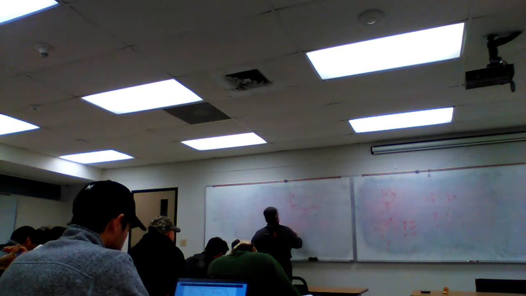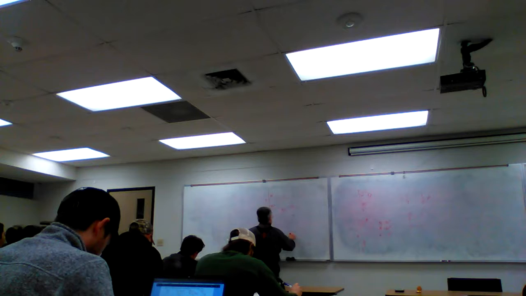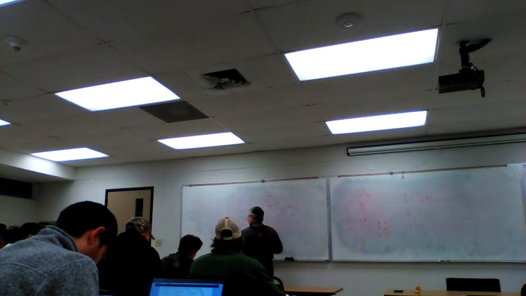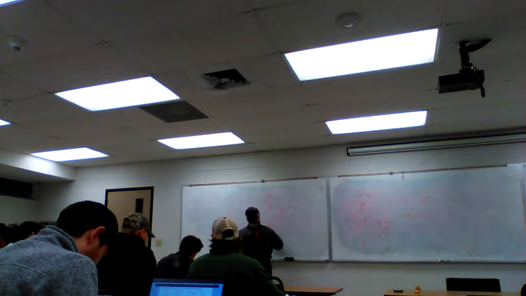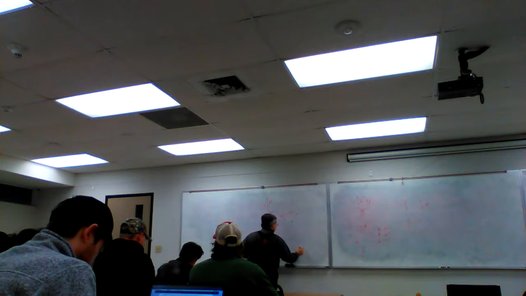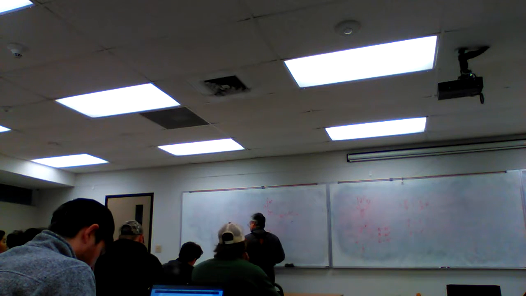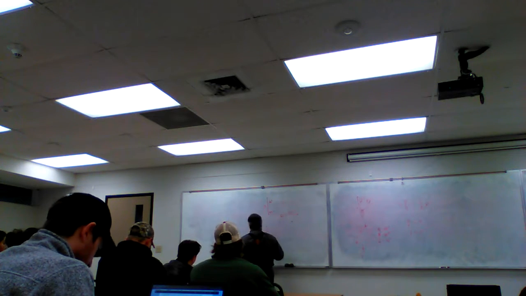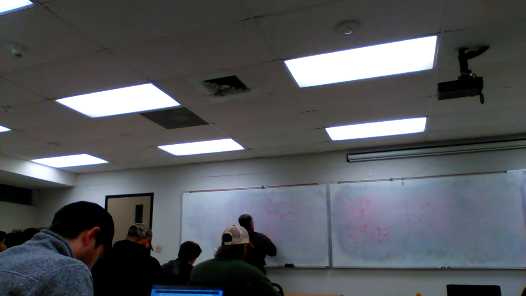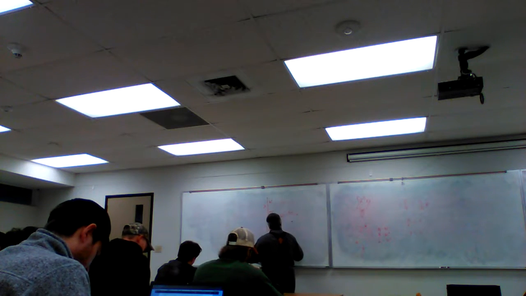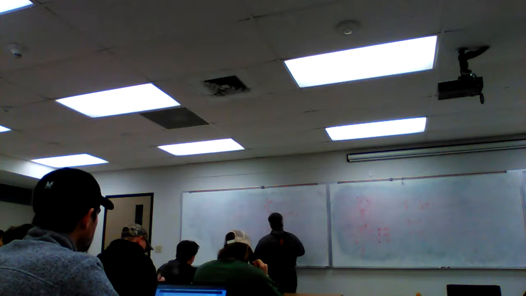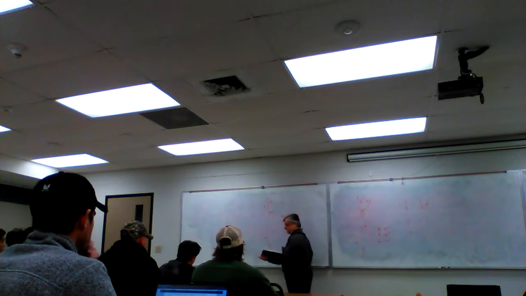Now on the larger triangle, we have angles A, B, and C. This is 30. This is an X, and this one is unknown.